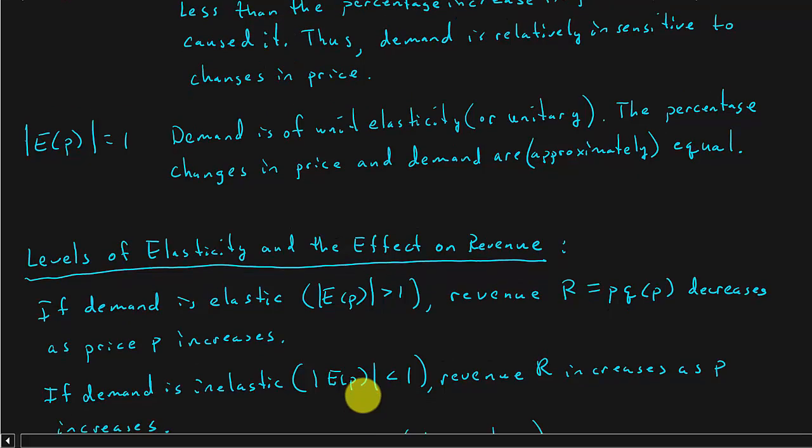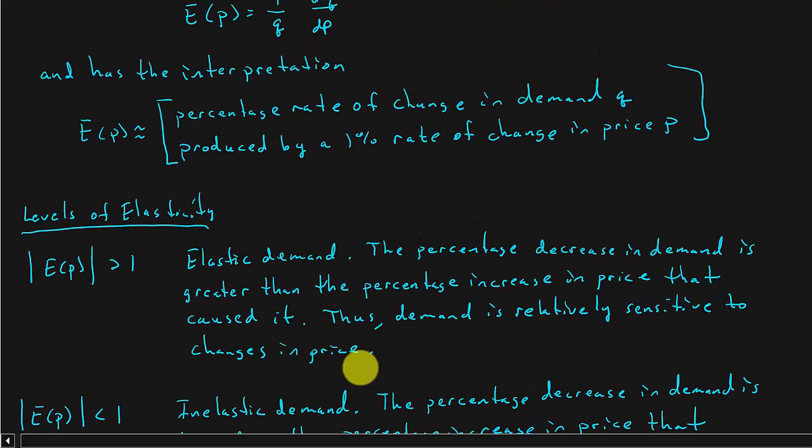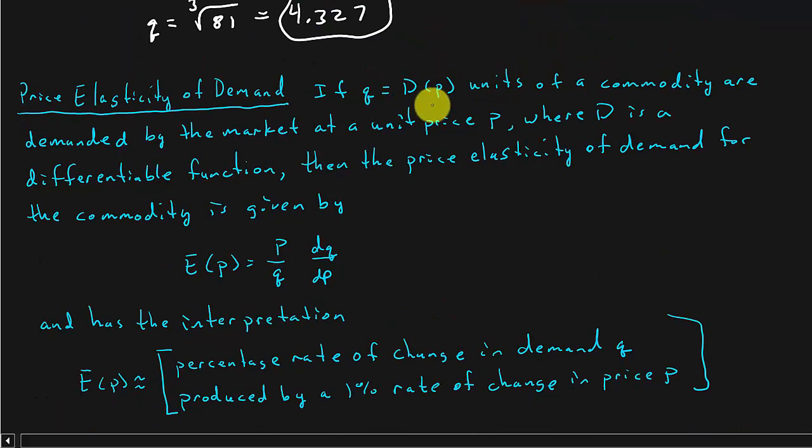Notice the D of P, I changed it to a Q. But Q is equal to D of P. It's just easier to work with it when it says Q equals.